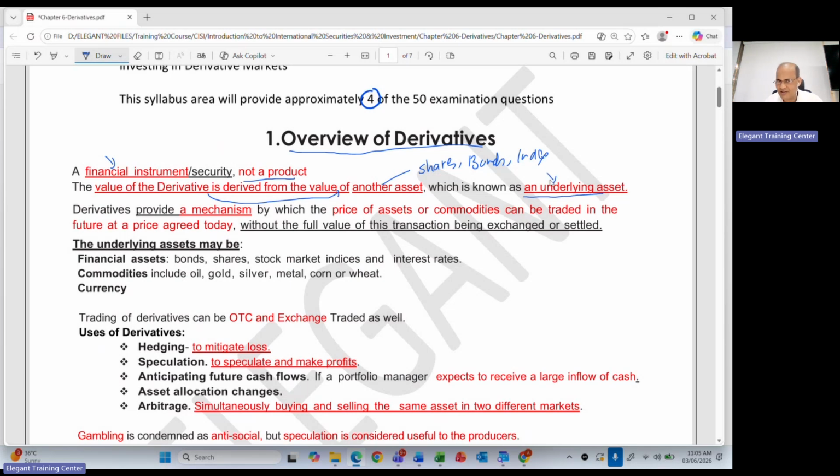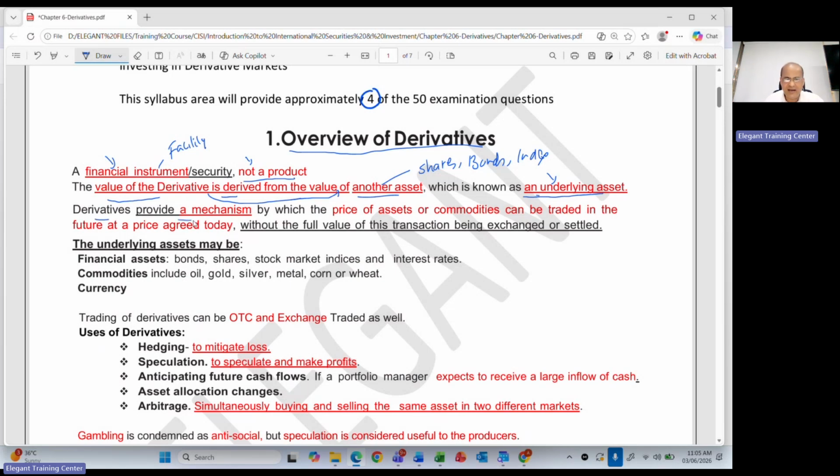We say underlying asset. That is why we say derivative is not a product. It is an instrument, kind of a facility. The value of derivative is derived from the value of another asset, the underlying asset.